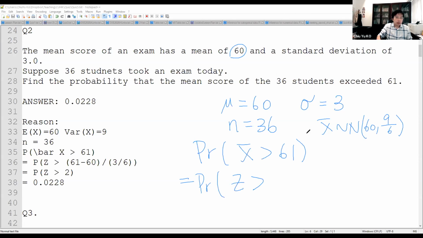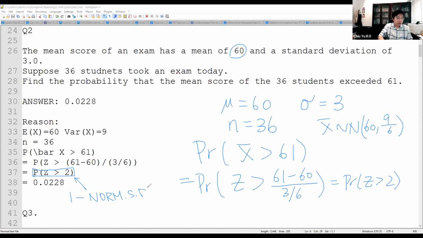So then we will have 61 minus 60 over 3/6. So it's the probability that z is bigger than 2. How do we do that part? This will be 1 minus norm.s.dist of 2.